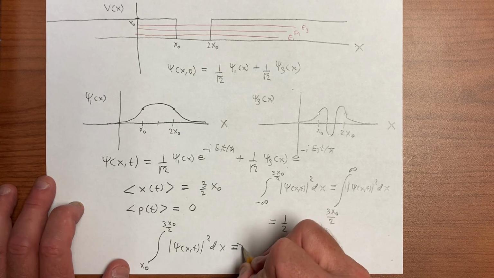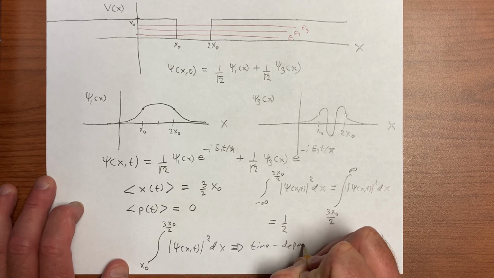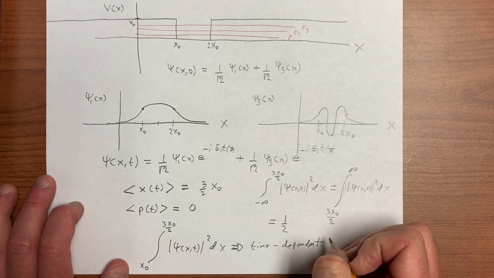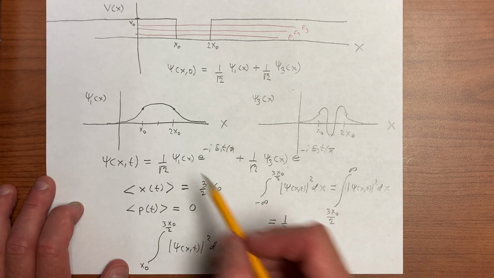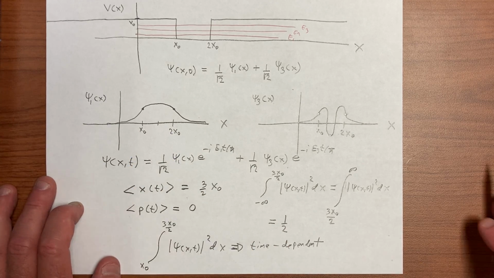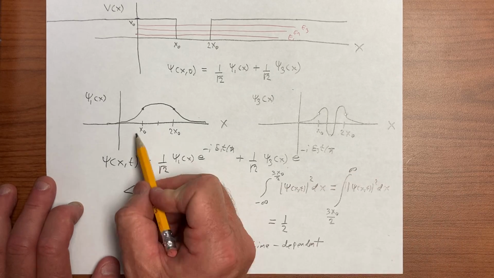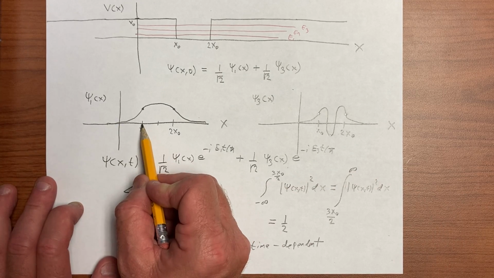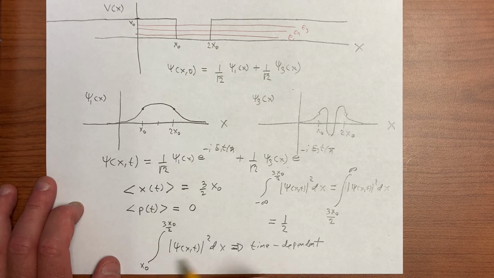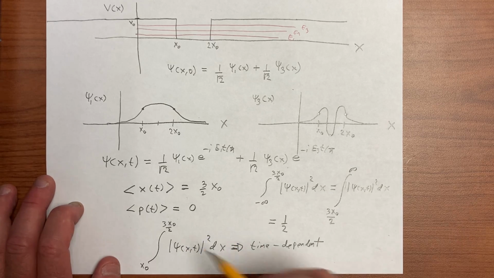So being anywhere to the left of this is a half. So if the probability increases to the left of x naught, then the probability in here will decrease. So this will be less than a half, but it will vary in time.